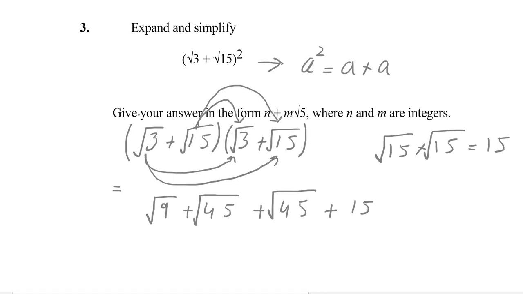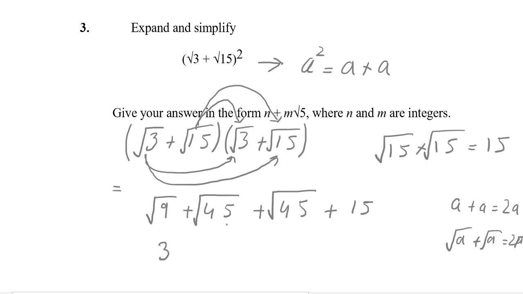Okay, so we can simplify more. 9 root is going to be 3, I know. Now 45 root plus 45 root, look, if you have a plus a, I can say that this is 2a. Same thing, if you have a root plus a root, you can write it down 2a root something.